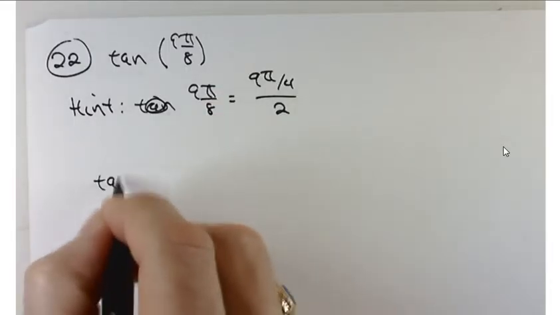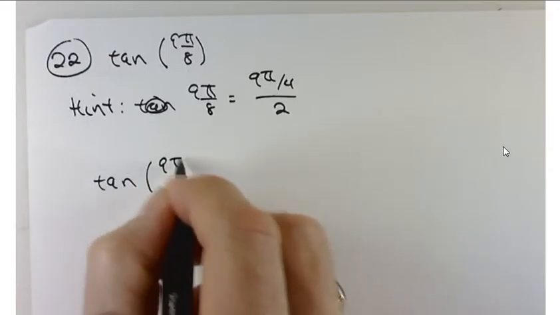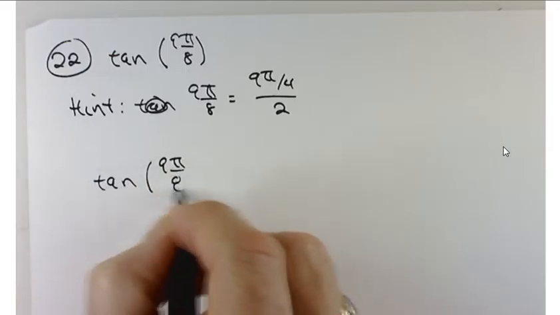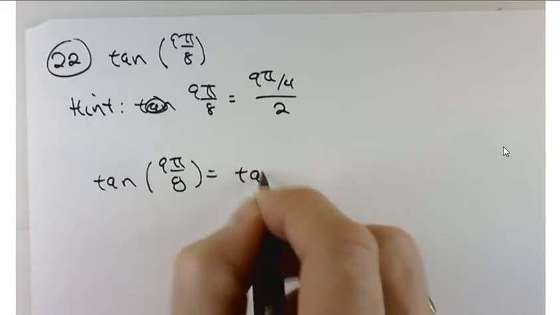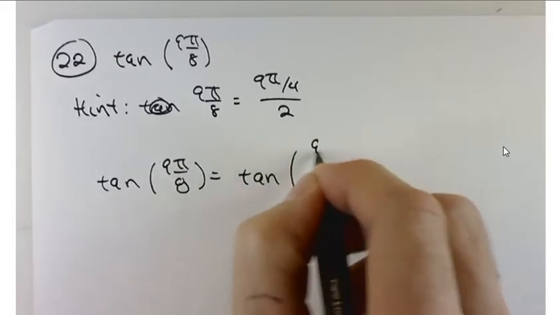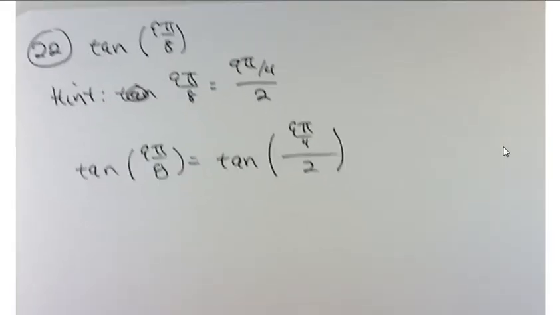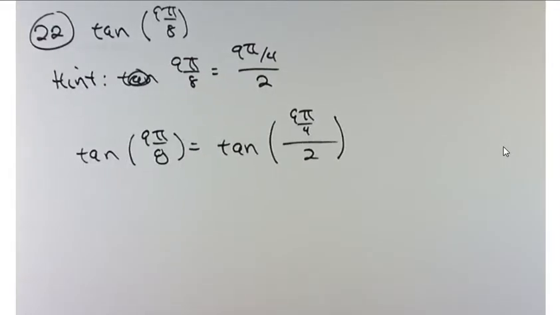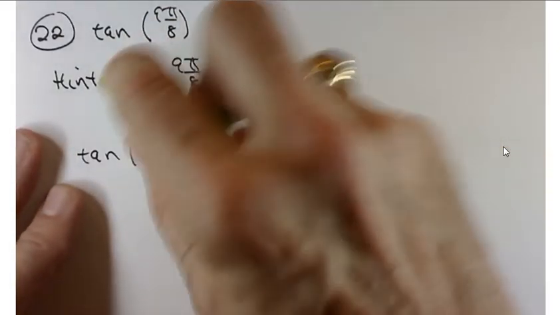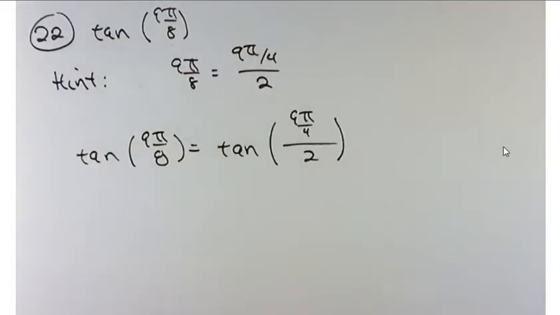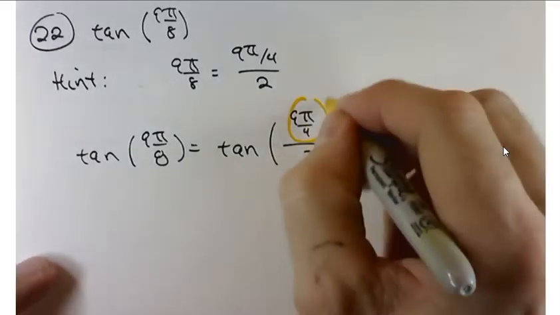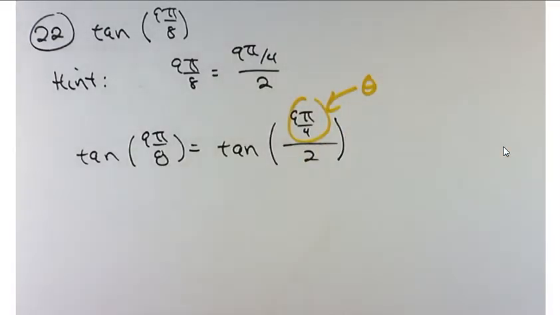So the tangent of 9 pi over 8 is really the tangent of 9 pi over 4 divided by 2. What that does is it makes that numerator your angle. So this right here is our theta. Let's see how that cleans up.